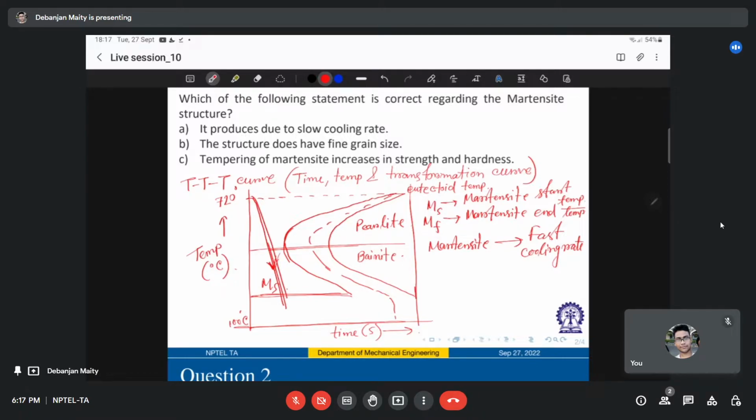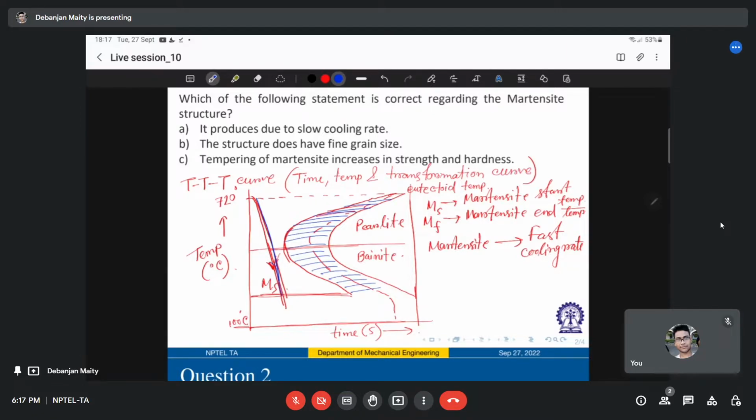It's very rapid. As you are cooling it very rapidly, you are not crossing this region, right? Due to such fast cooling, you are not crossing this C kind of region, and you come up with something called martensite.